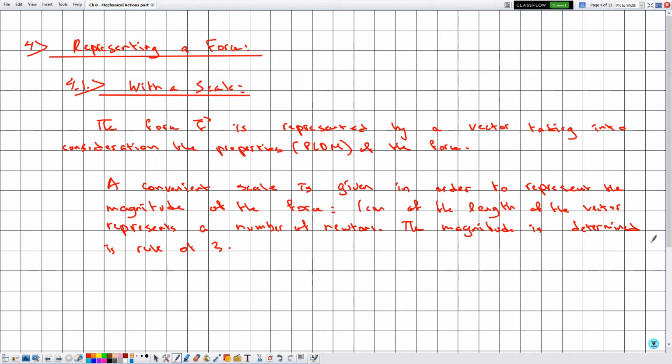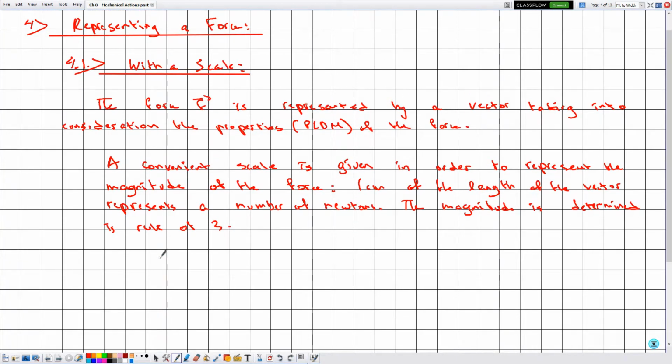So let me now start by specifying some examples, and let me say here are some good examples of different scales. Let me give example A, in which 1 centimeter corresponds to, say for example, 3 newtons.